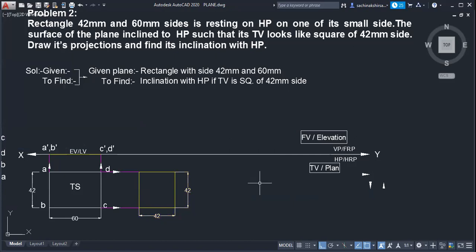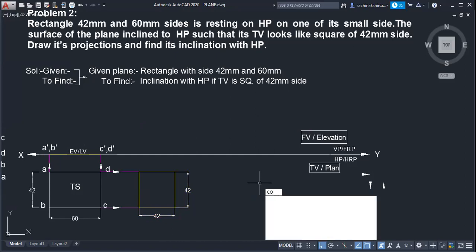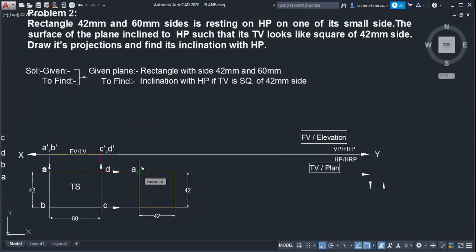Names also you can give; whatever names are there, the same you can give here: A dash, B, again C, then again point D. Okay, likewise.